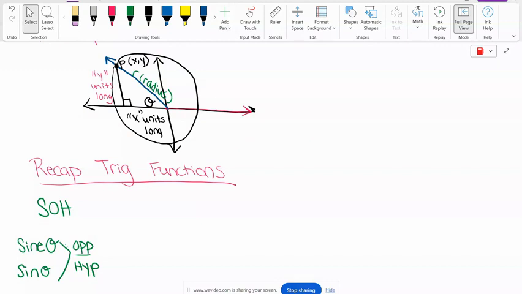Which variable did I use to represent opposite? We have x, y, and r. Opposite theta is y. So this is going to be y over the hypotenuse. Which variable did I use to represent the hypotenuse? Not y, r. Hypotenuse is always across from the right angle. So sine of an angle will be opposite over hypotenuse, or y over r.